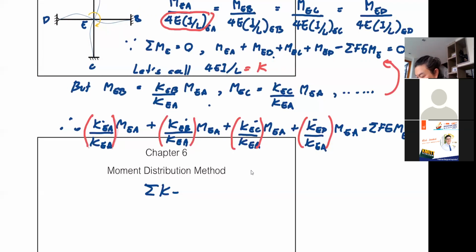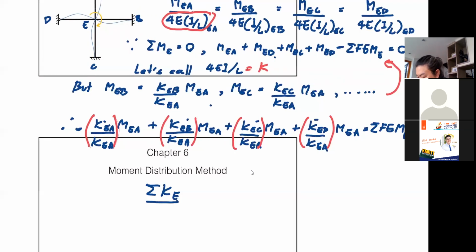And then we have the common denominator, that's KEA, MEA. It's going to be equal to the summation of fixed end moment at E.